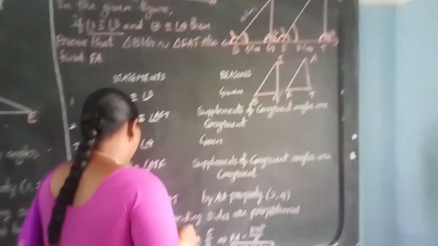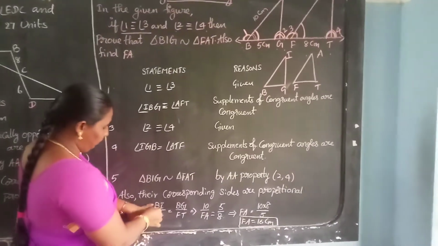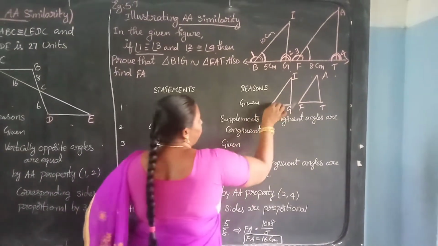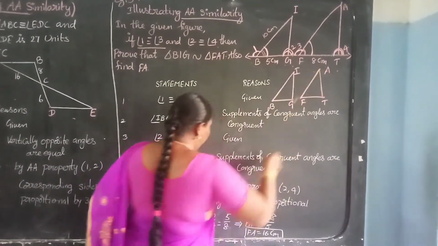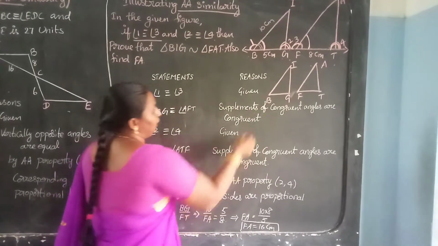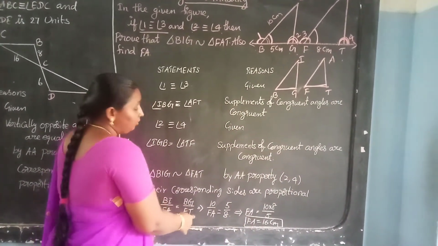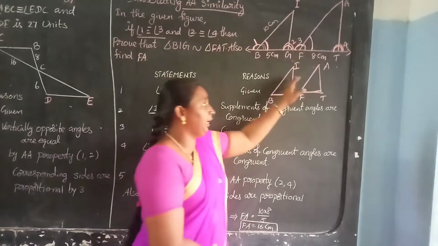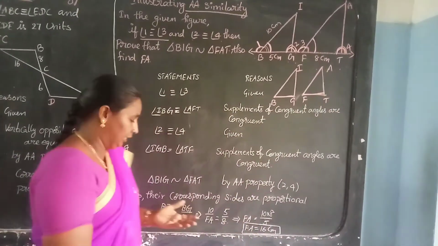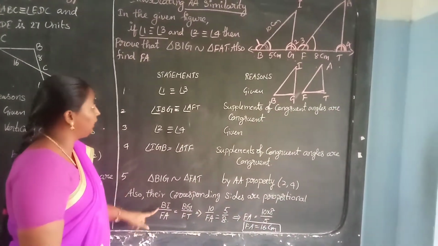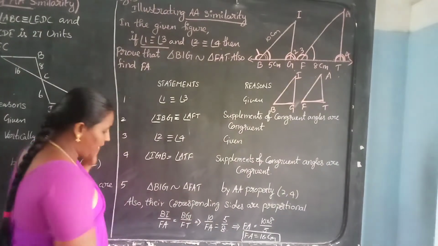Then BI by FA. That is BI by FA equal to BG, here the corresponding sides, BG divided by FT. We don't take that IG by AT because no need for that one. We are asked here FA value only.